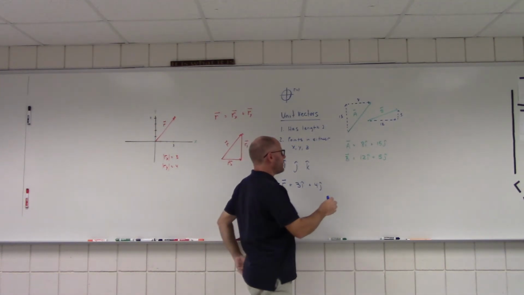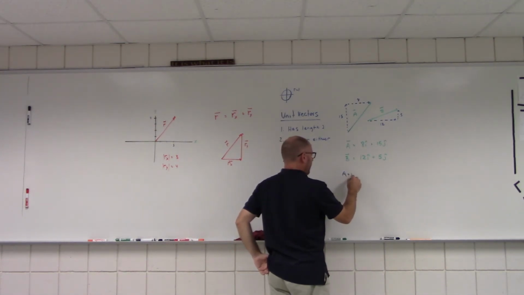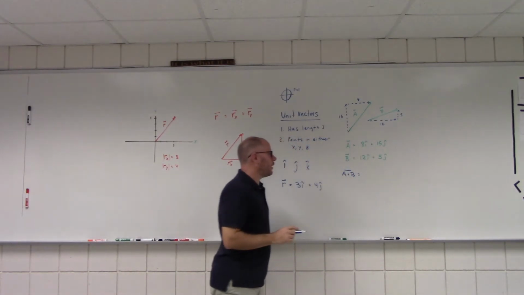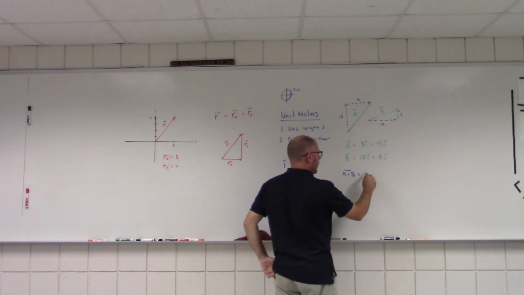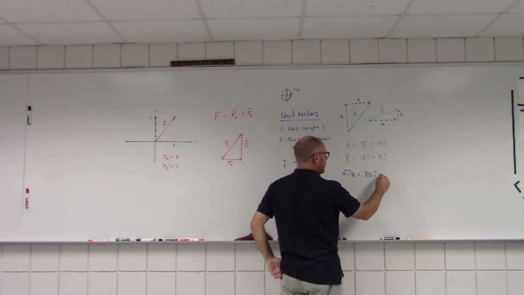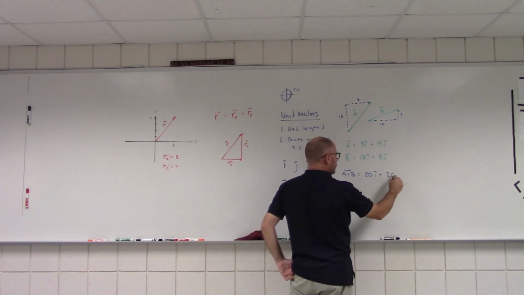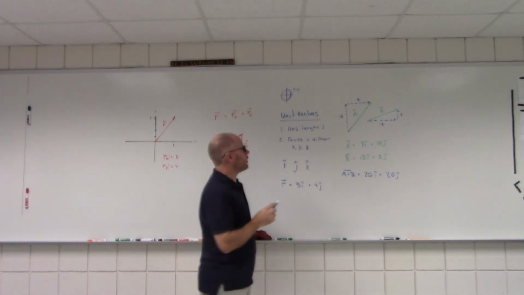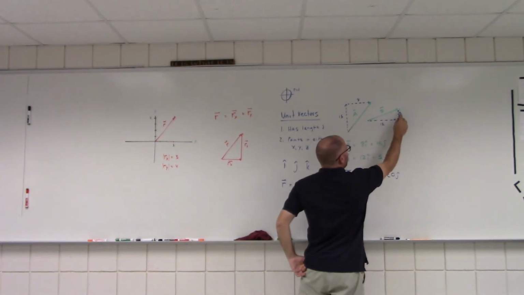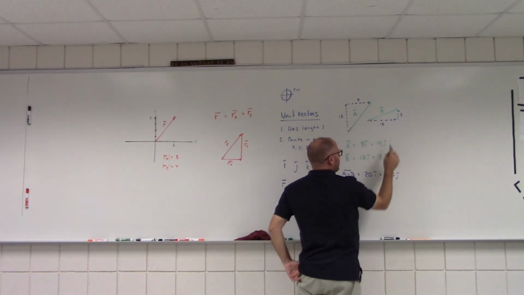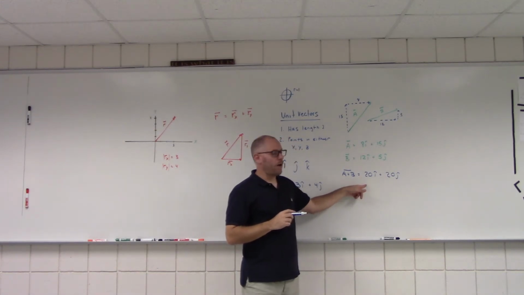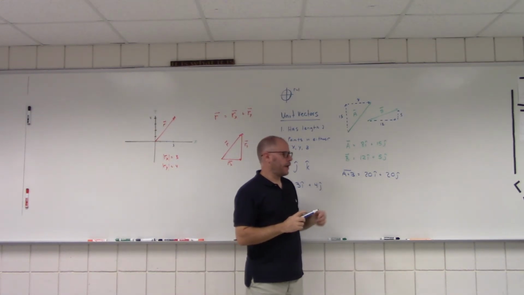So if I want to get A plus B as a new vector, I'm just going to add. What's 8 plus 12? So I have 20 in the i direction plus 20 in the j direction. So I have 15 up and 5 up plus 8 to the right and 12 to the right. So here's my new vector. And then given this, we could draw it on a coordinate plane.